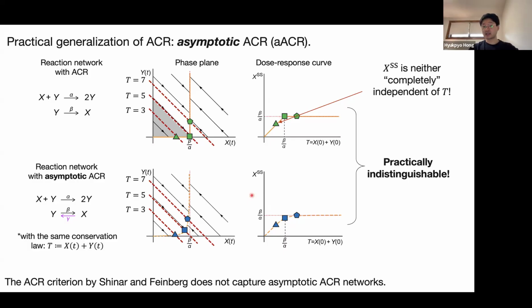I would not say this is a limitation, but naturally the original ACR criterion introduced in the Science paper, that the network has deficiency 1 and certain non-terminal species only differ by that ACR species, cannot capture this as an asymptotic ACR network, because this asymptotic notion of ACR doesn't fit the definition of ACR in the paper, because this is never a perfectly horizontal flat line.